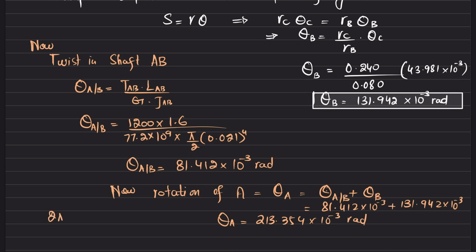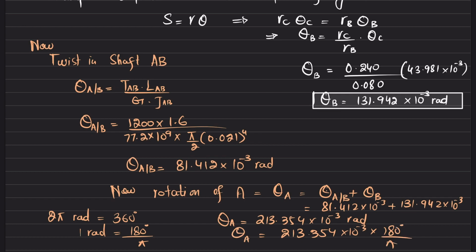And we know that 2 pi radian is equal to 360 degree. So 1 radian will be equal to 180 degree divided by pi. So multiply 213.354 into 10 raised to power minus 3 with 180 degree divided by pi.